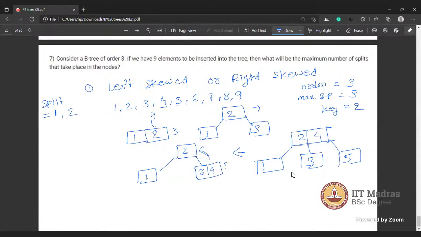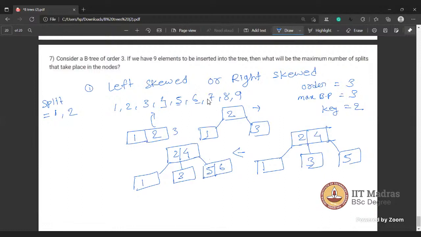Okay, then let's insert 6. It will go up to 5, with 4, 1, 3 and 6 in place. Right? Okay.